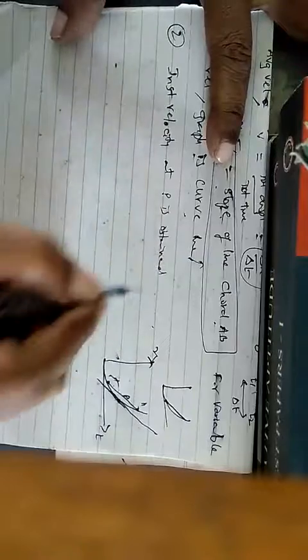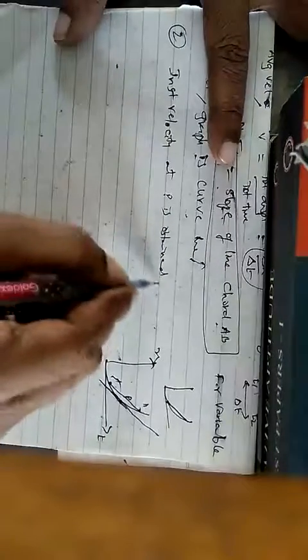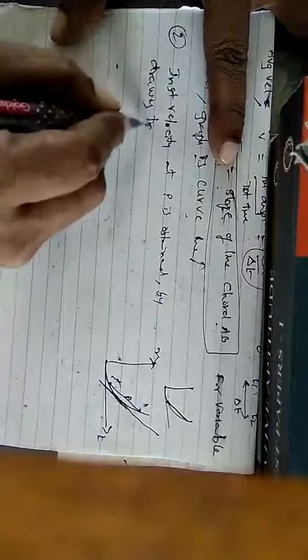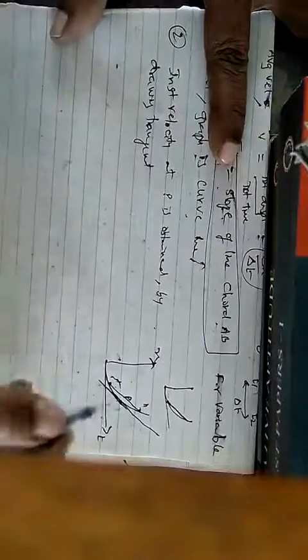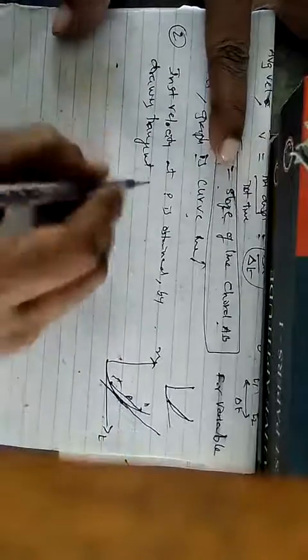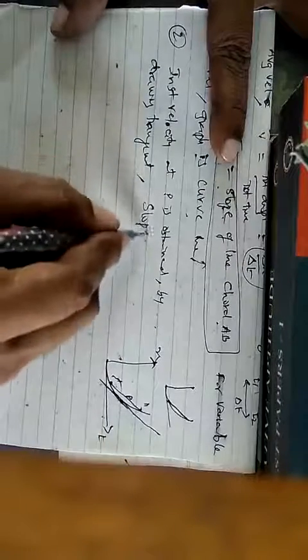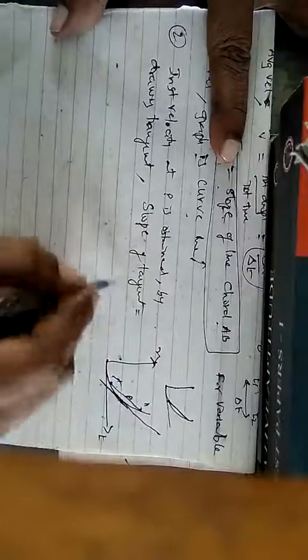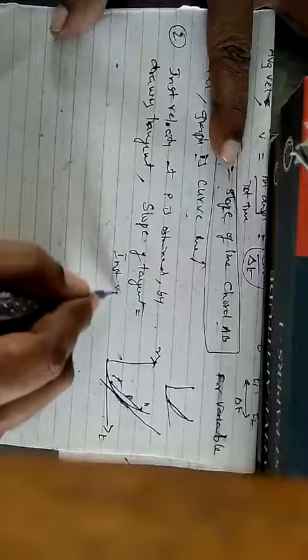Instantaneous velocity at P is obtained by drawing one tangent. Is it possible to draw? Just take one point here and draw one line. The slope of this tangent gives the instantaneous velocity.